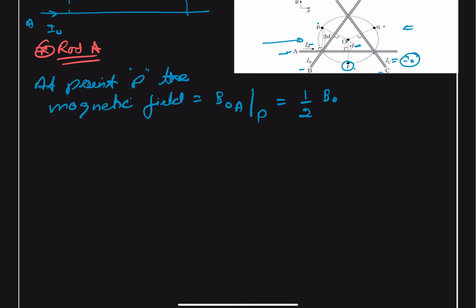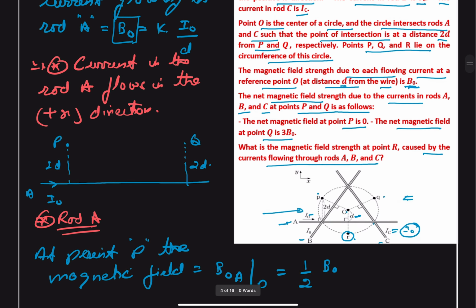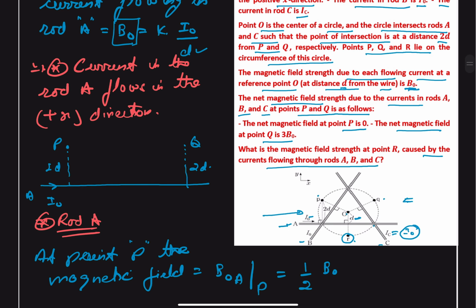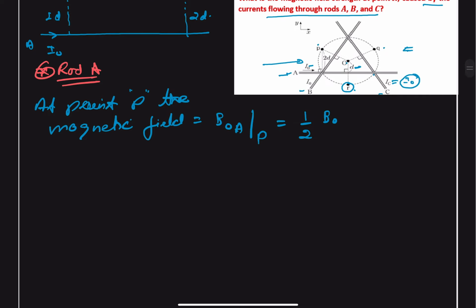Here the distance is 2d, so obviously it will be coming as half of B naught, and its direction will be outwards.